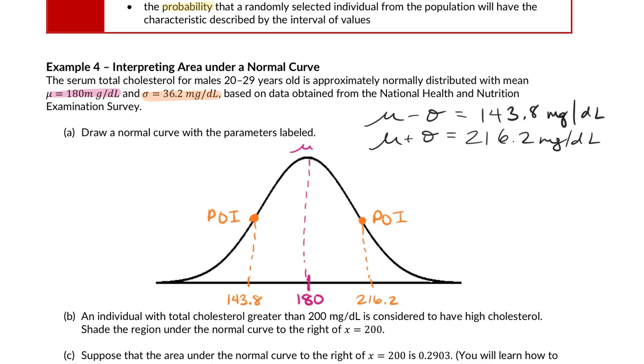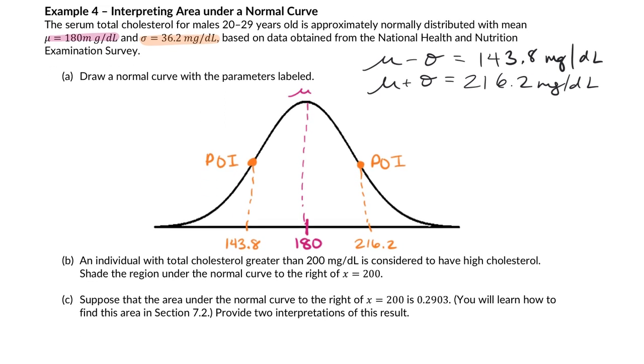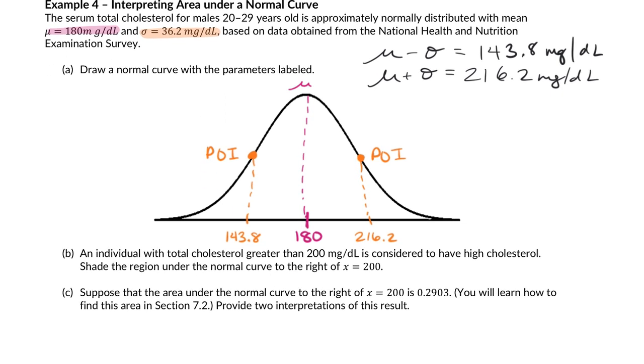Part B is going to have us draw on this graph a little bit. If you've highlighted, great, do this next one in pencil, and if you've done everything in pencil, do this next one in lighter pencil. It says an individual with total cholesterol greater than 200 milligrams per deciliter is considered to have high cholesterol. Shade the region under the normal curve to the right of x equal to 200.